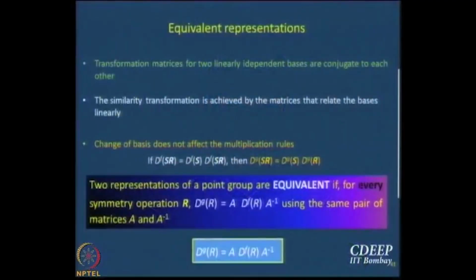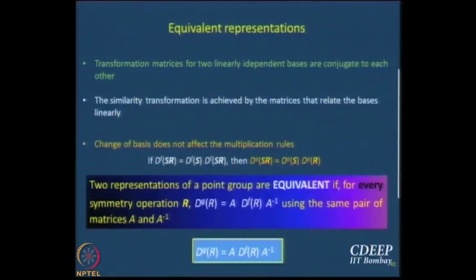Okay. So far so good. So what have we learned so far? We have learned the concept of equivalent representations. So this is very important. They are equivalent when you take one set of transformation matrices and then you perform similarity transformation using the same pair of A matrices. So think of C3V. What are the matrices?